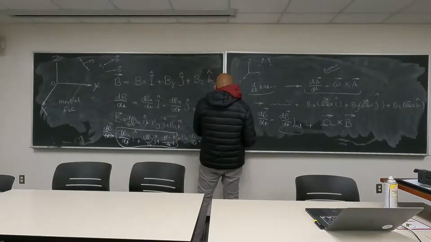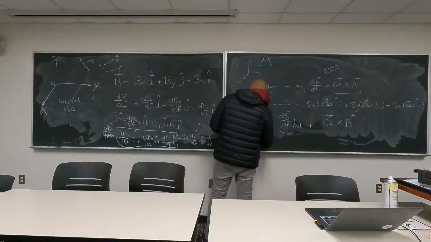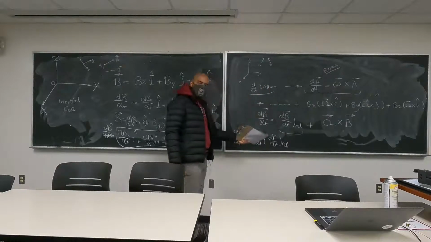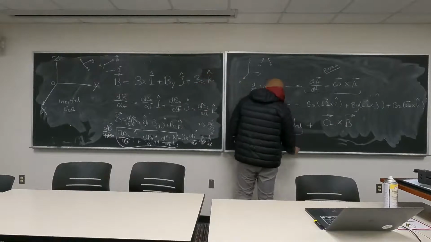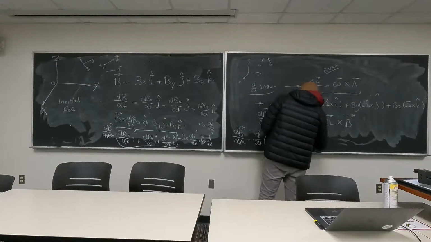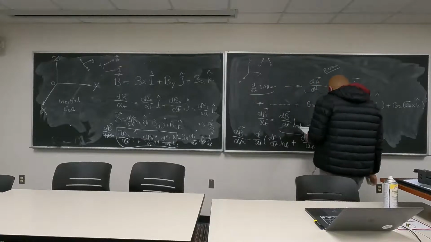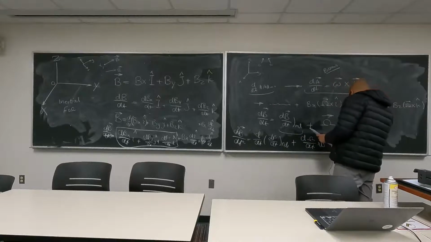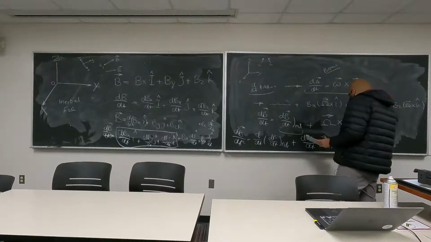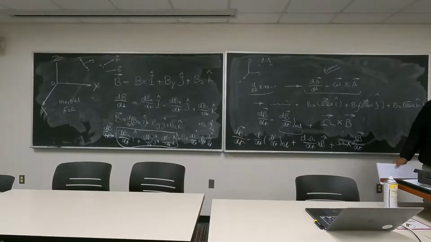And the second derivative, I'm going to write it here just so you have it, is going to be the relative second derivative, plus d omega/dt cross B, plus omega cross dB/dt. Just make sure.